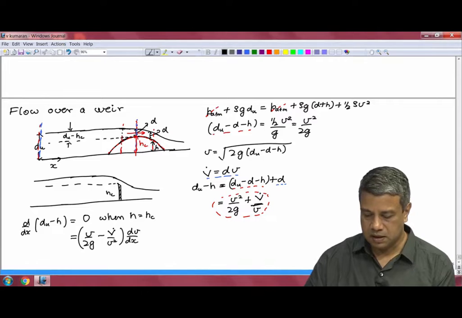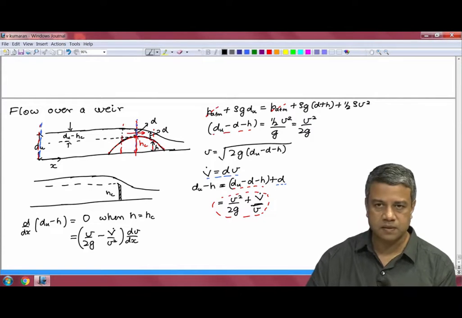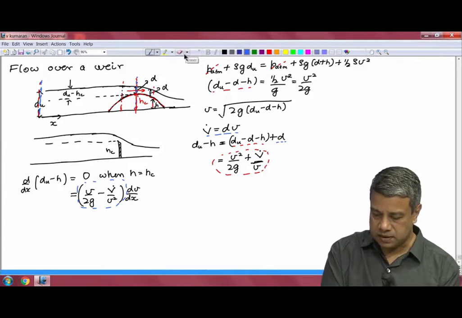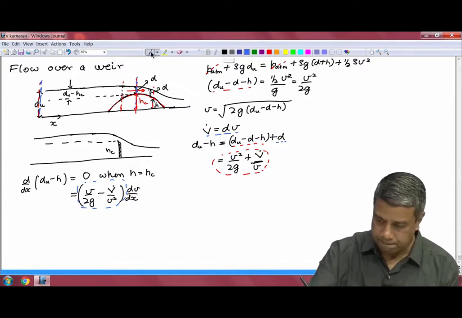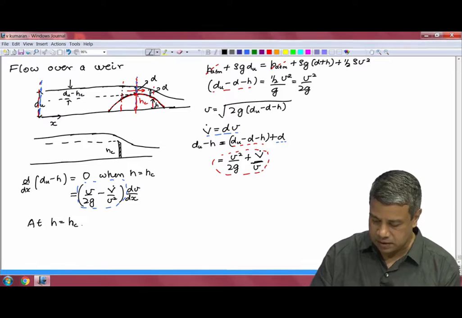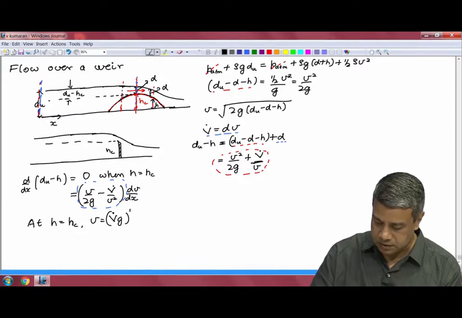And at the point where h is equal to hc, this right side has to be equal to 0, which means that at h equal to hc, the maximum height, v is equal to (V dot times g) whole power 1/3.